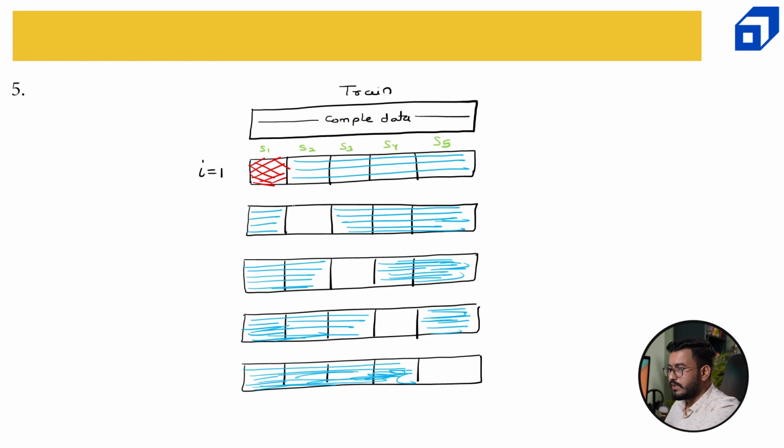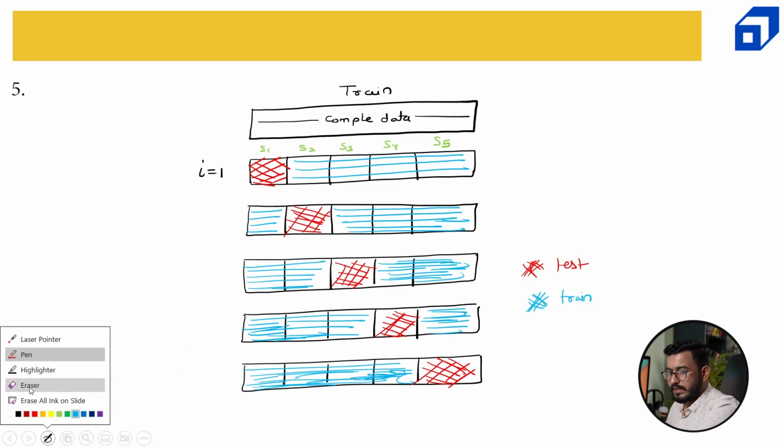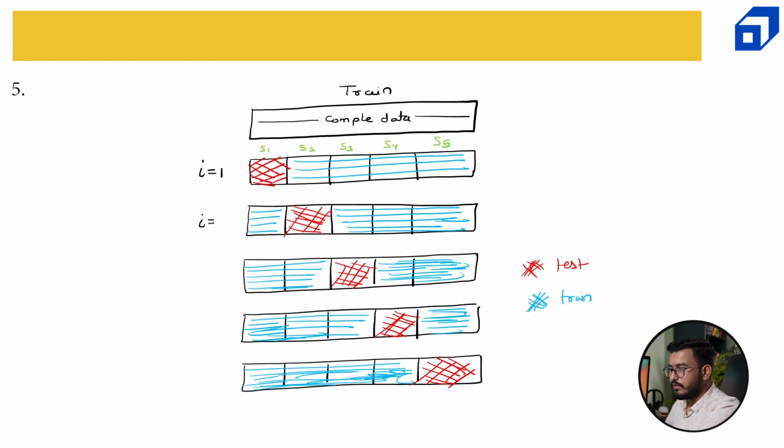So here let me quickly highlight all the test samples. Please remember, red color represents test data while blue color represents train data. So in my iteration number 1, I'm using sample number 1 as test while the other samples as train, and in iteration number 2, sample number 2 becomes test, and so on.